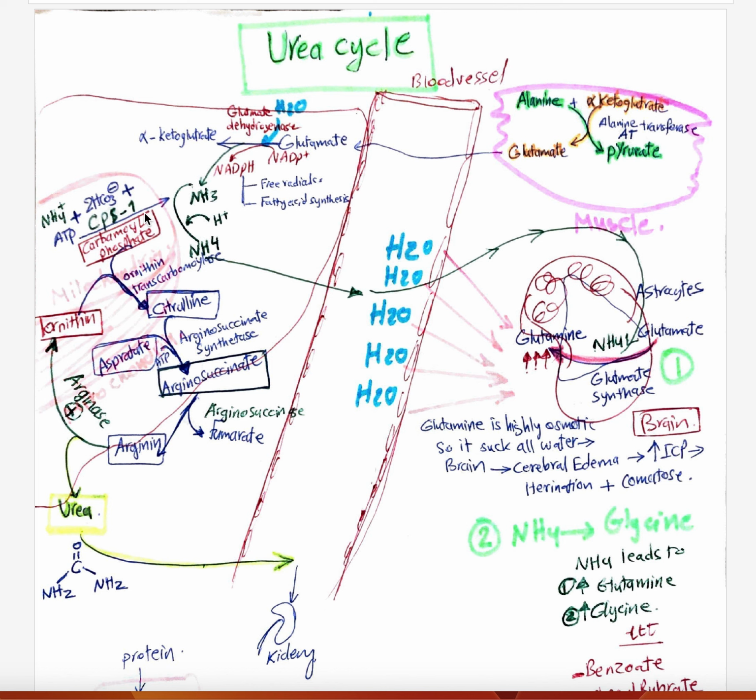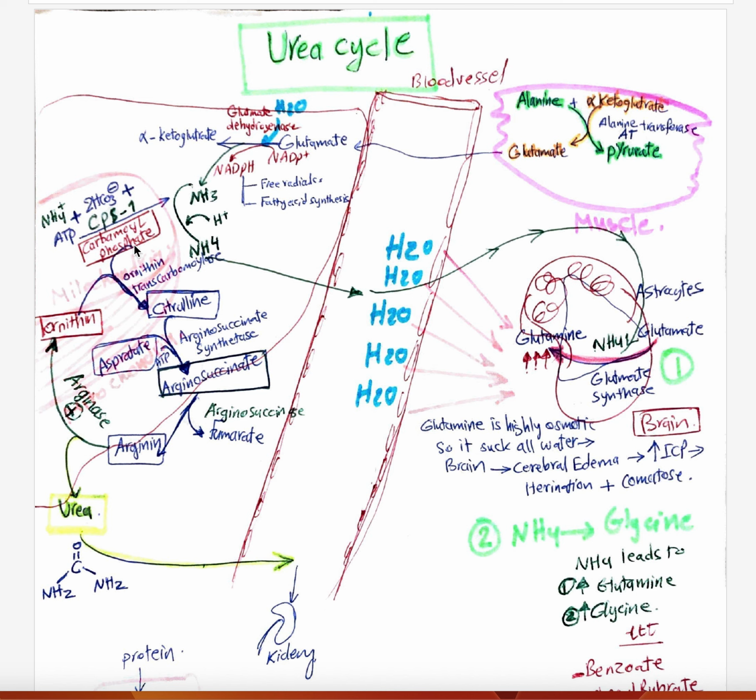N-acetyl glutamate is formed from glutamate plus acetyl coenzyme A. So what is important is that N-acetyl glutamate is a cofactor of the carbamyl phosphate synthetase enzyme, which is the rate limiting enzyme of the urea cycle.